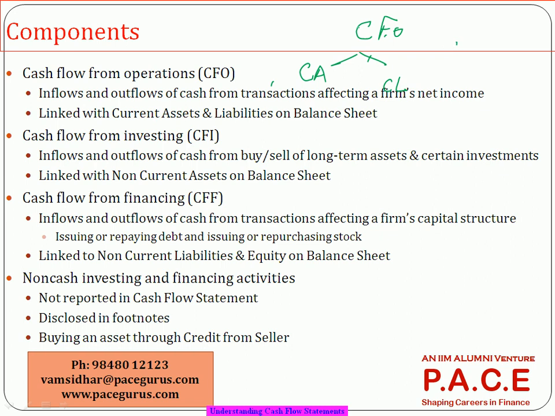The way we break it out is: for cash flow from operations, we take all current assets and current liabilities from the balance sheet. For cash flow from investments, we take all non-current assets. And for cash flow from financing, we take all non-current liabilities plus owner's equity.